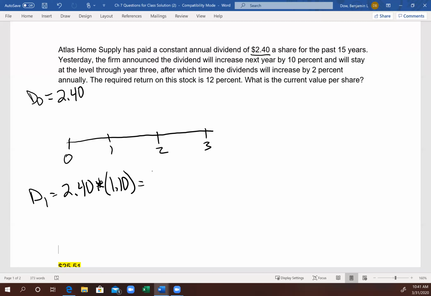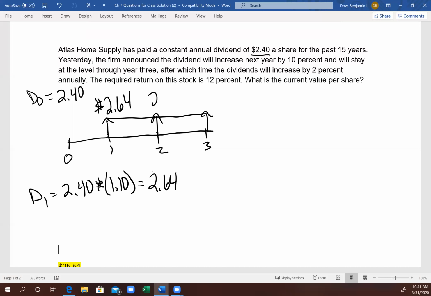So it's going to be $2.64. And then that dividend's going to do what?